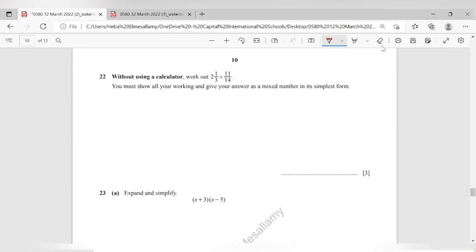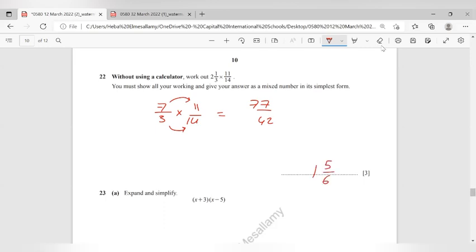So you're going to find, if you drop the first part here, you will get 7 over 3 multiplied by 11 over 14. This is the first step. In multiplication, you will multiply the numerators together, multiply the denominators together. So you are going to get 77 over 14 multiplied by 3, which is 42. 77 over 42 on the calculator, you will get Shift SD. You will get 1 and 5 over 6.